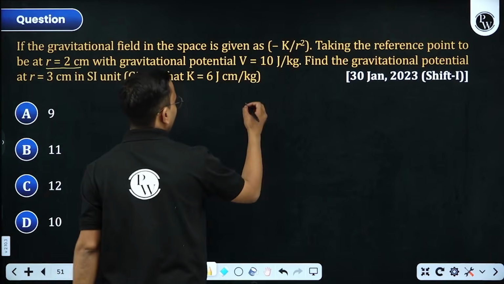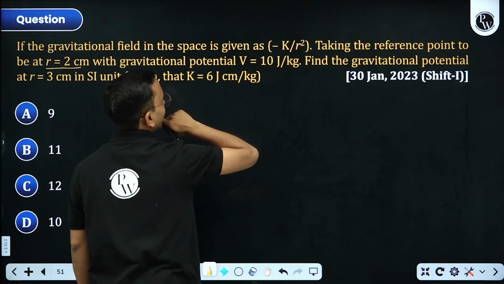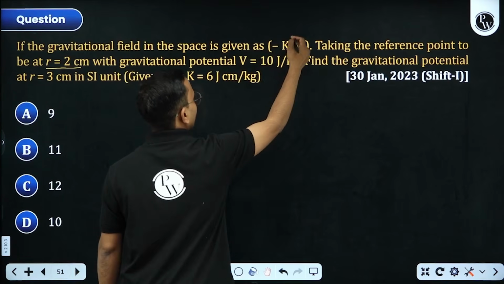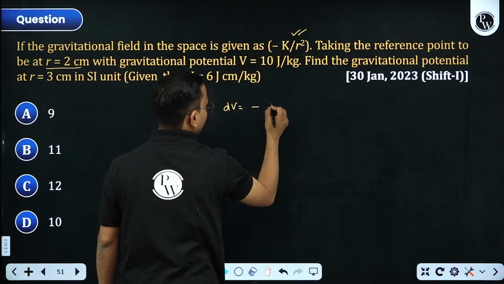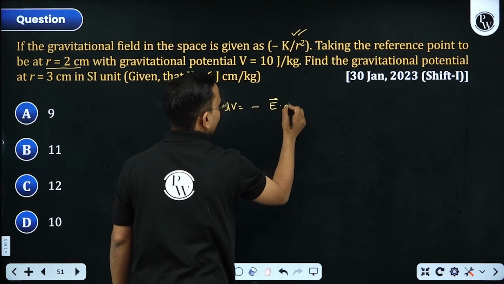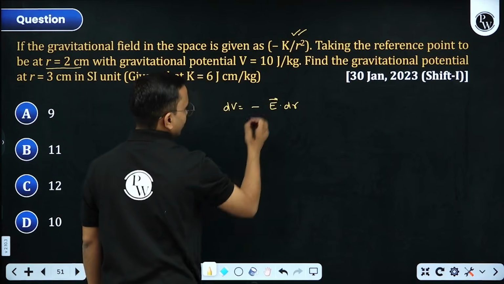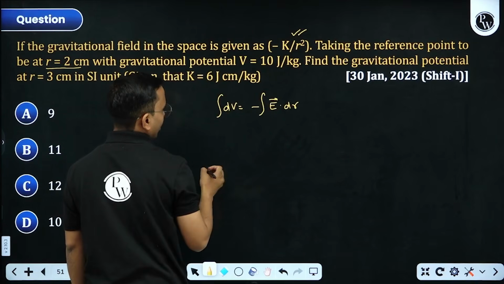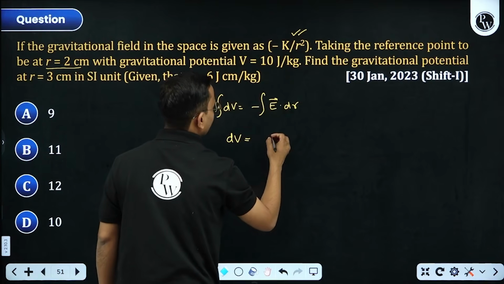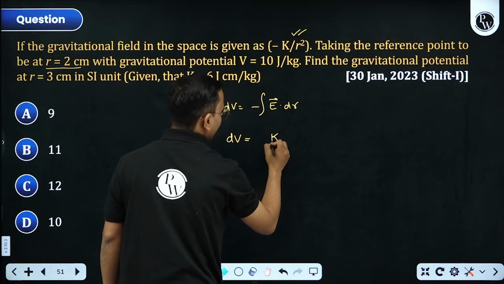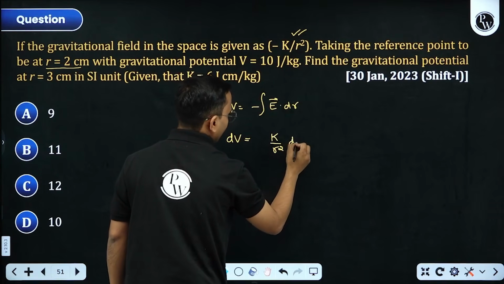Okay, so what I have to find, I need to find V from R, E. So dV is equals to minus of E dot dr. Okay, so write dV is equals to minus of that, so this will become just K by R square dr, limits.